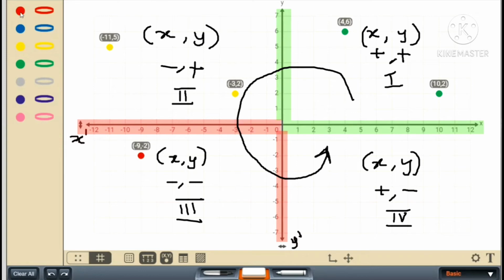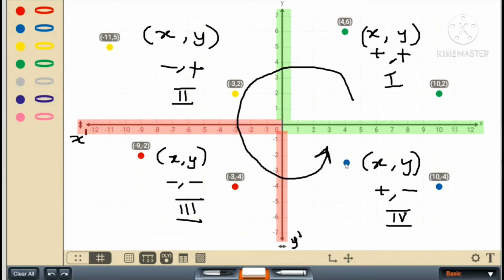Let's see the third quadrant. I have plotted 2 points randomly: minus 9 in x and minus 2 in y, and minus 3, minus 4. So x, y are the coordinates. Now plotting a few points in the fourth quadrant. The x value is 3, the y value is minus 3, so it's 3, minus 3.